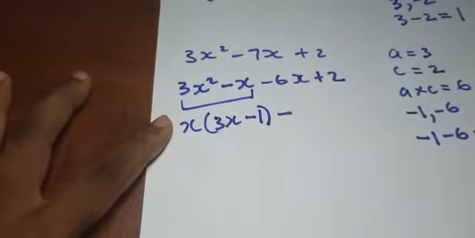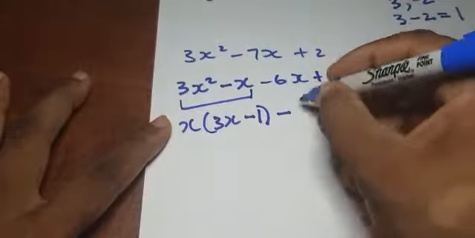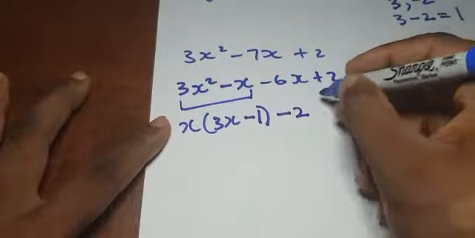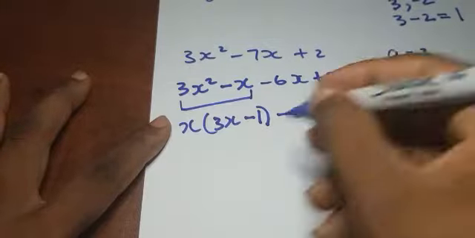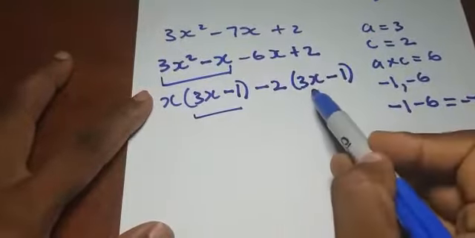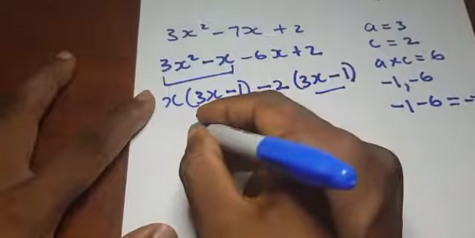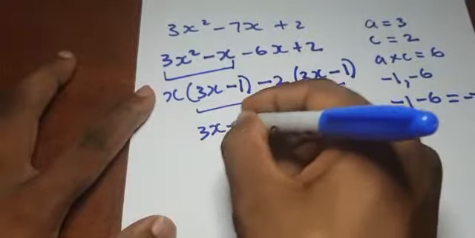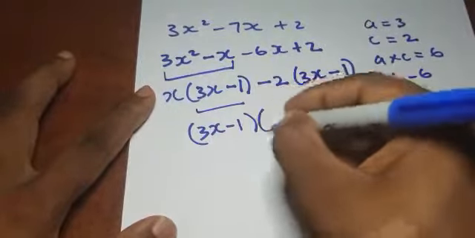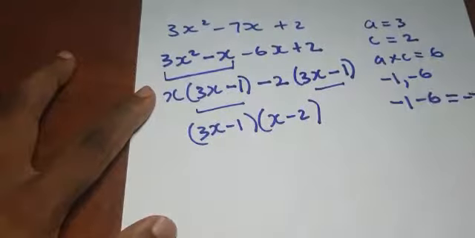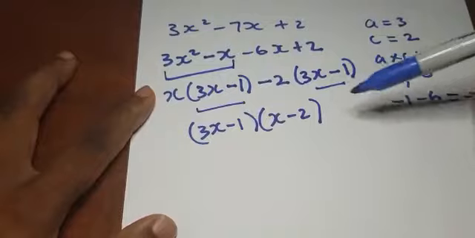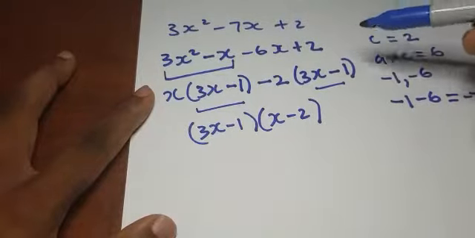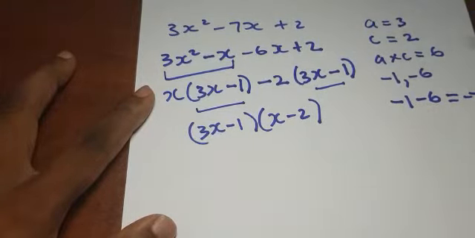And then this looks like a -2 into 3x minus 1. And then, of course, 3x minus 1 is common, so we can write 3x minus 1 into x minus 2. And that would be that for that question, really. We can continue with some more examples in another video.